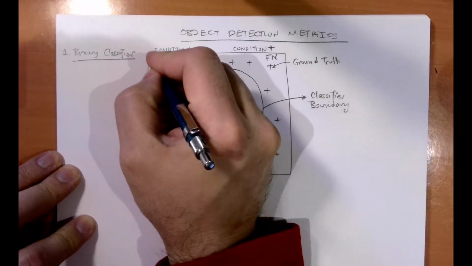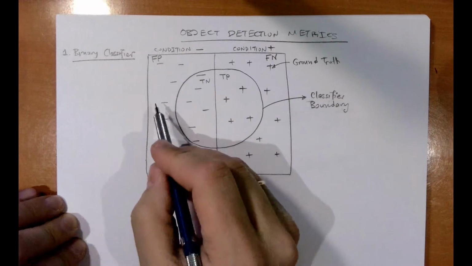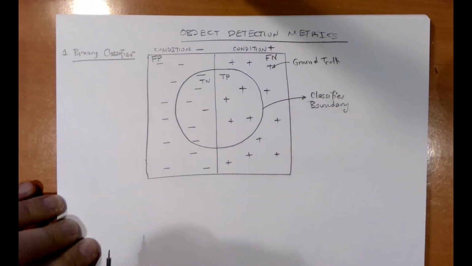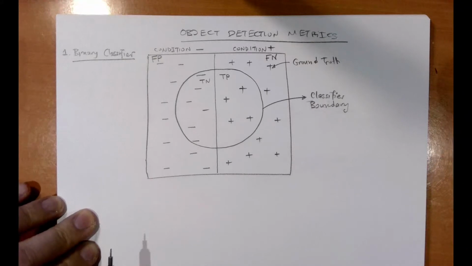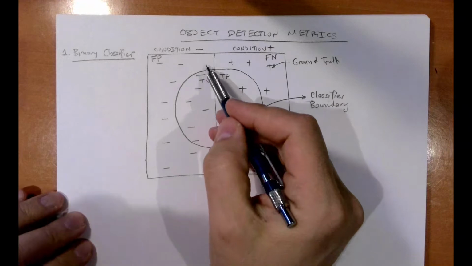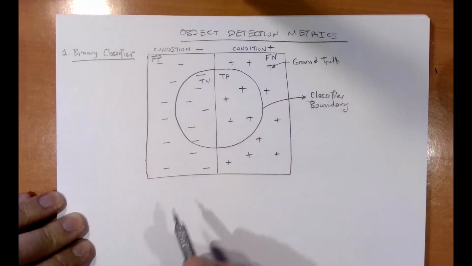On the other side we have a negative event as a ground truth, but the classifier told us that it was a positive, and therefore in this region outside of the classifier boundary we have all the false positive events.